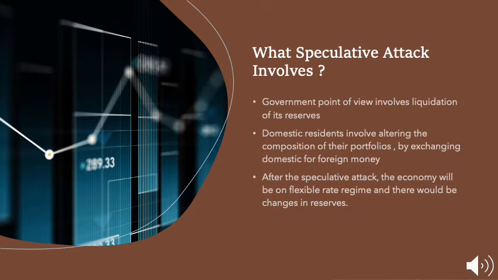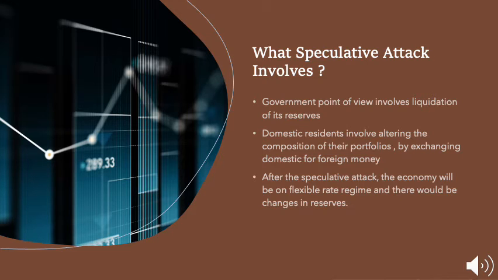But we have to consider what such a speculative attack involves. From the government's point of view, it involves the liquidation of its reserves, and on the other hand, domestic residents represent it as a change in the composition of their portfolio.